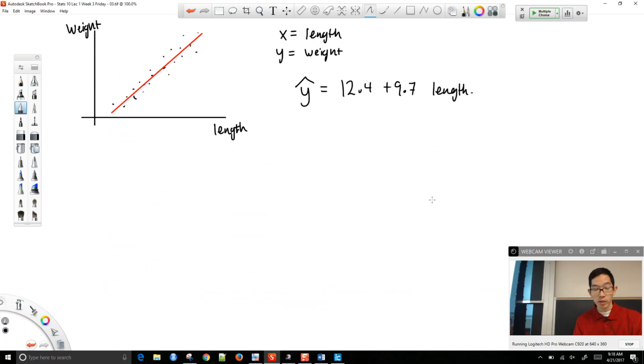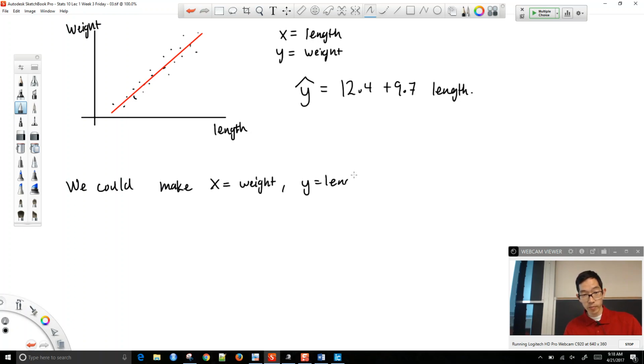Okay. If we wanted to, we could make x the weight and y the length. Okay? And what does it mean in this case? If we make x the weight and y the length, that means we are trying to predict what based on what?